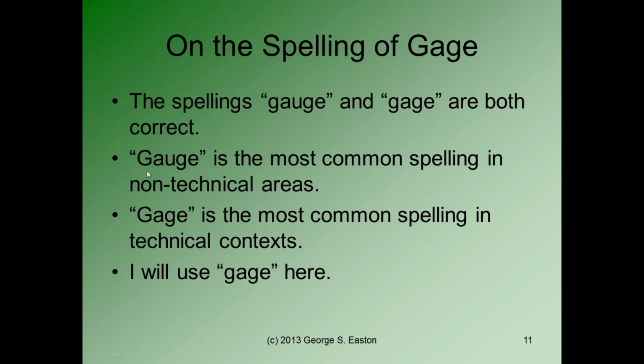So chances are most of the time that you've seen the word gauge, you've seen it spelled with a U. However, gauge spelled without the U is the most common spelling in technical contexts, for example, in engineering and in statistical process control. So if that looks a little weird to you, it isn't wrong. In fact, it's the spelling that is most common in this area and the spelling that I'm going to use going forward.